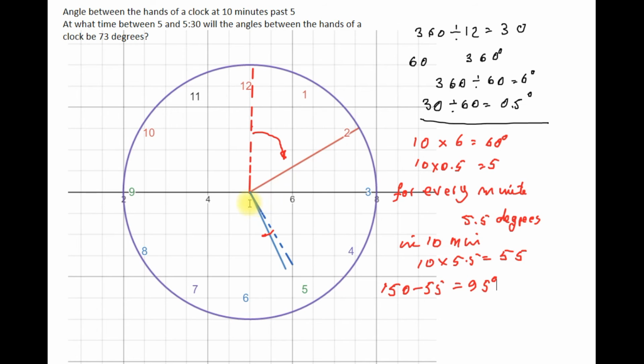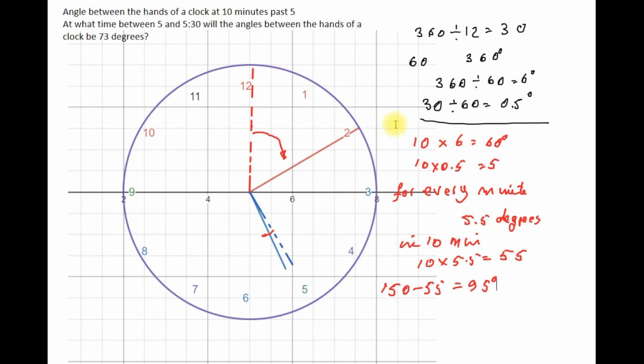At 10 minutes past 5, which is the two hands shown in full, the minute hand has moved 10 minutes, and for every minute it gains 6 degrees. So it has closed this angle by 60 degrees, but the hour hand will have moved half a degree for every minute. So it will have moved 5 degrees to increase the angle.